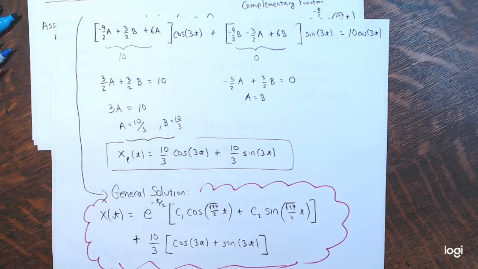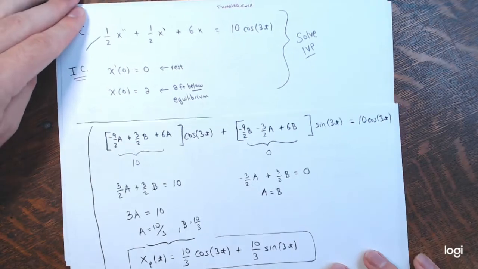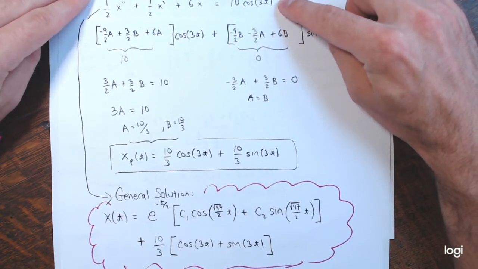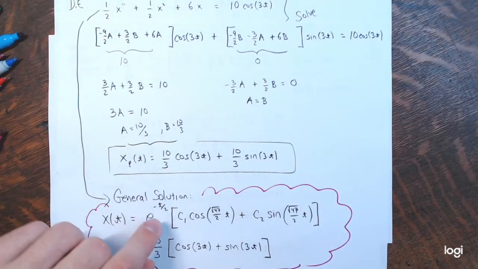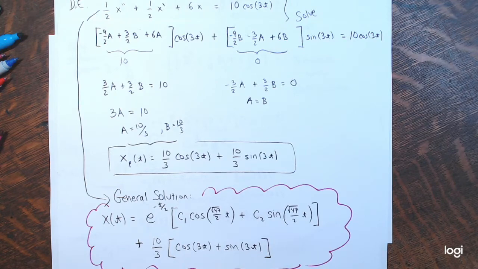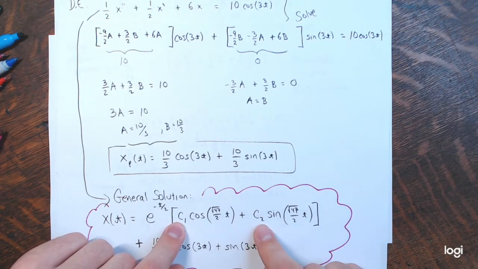But that's the general solution of our non-homogeneous equation, of this equation here. What I need to do now is figure out what solution satisfies our initial conditions. So I need to find C1 and C2.